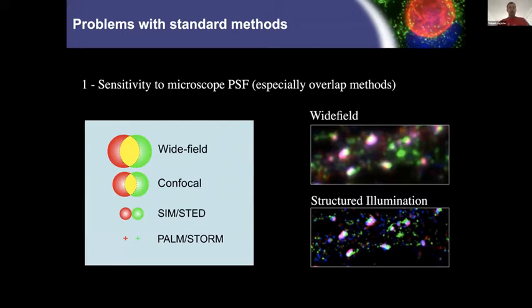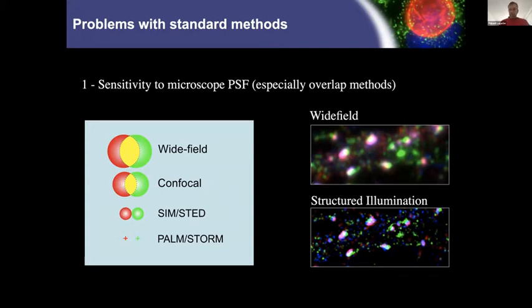I think it's really a problem, and this explains the development of object-based techniques, where you try to localize your objects or your localizations directly in SMLM, and then work directly on these objects. Otherwise, if you look at the overlap or the correlation of signal, you can obtain completely different results depending on the microscope you're using.